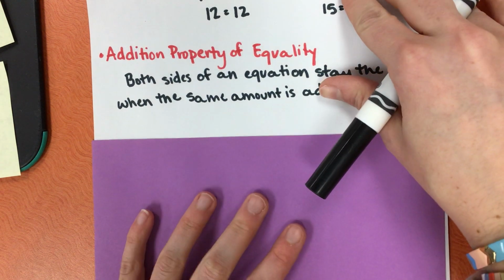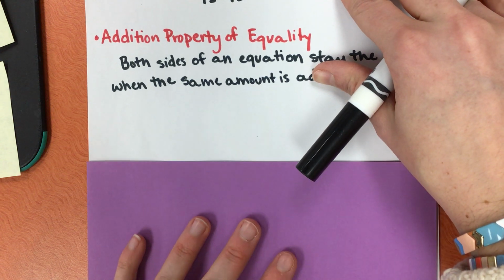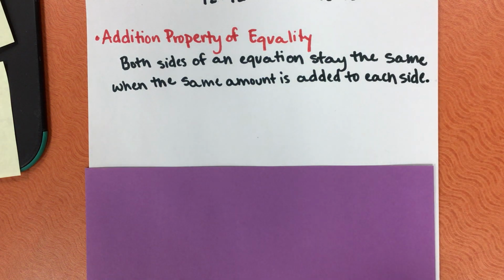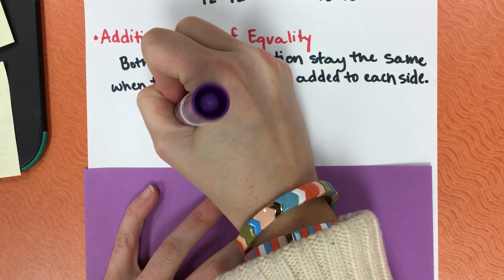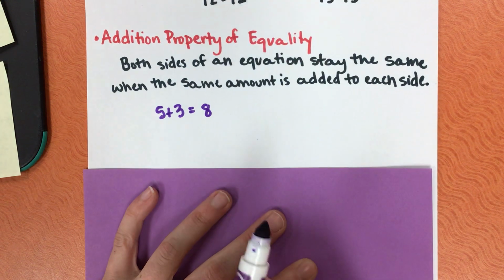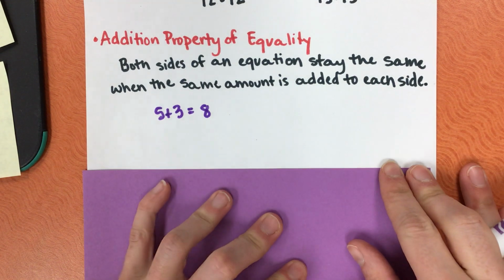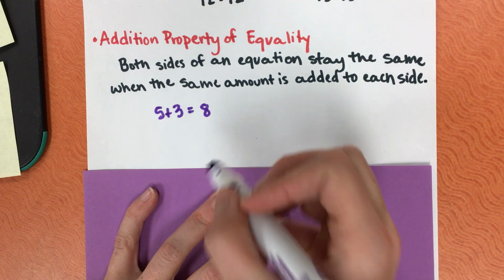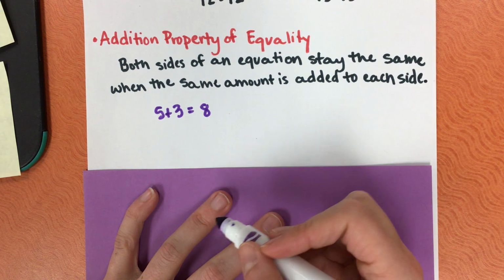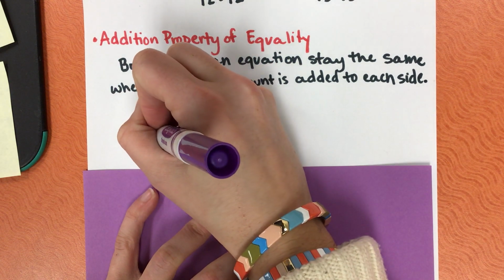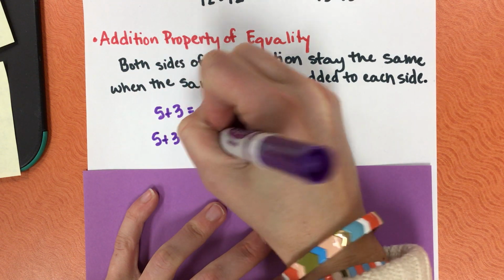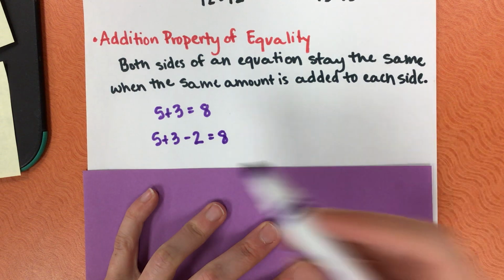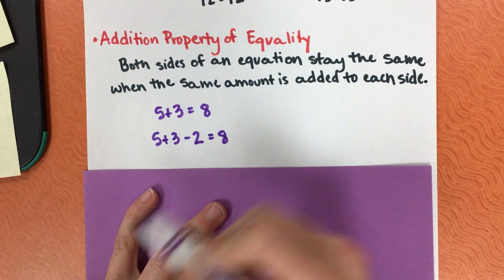Okay, so for example, kind of like what we just did, if we had the equation 5 plus 3 is equal to 8, and I were to rewrite this same equation and say 5 plus 3 minus 2 is equal to 8, all of a sudden this is not true.